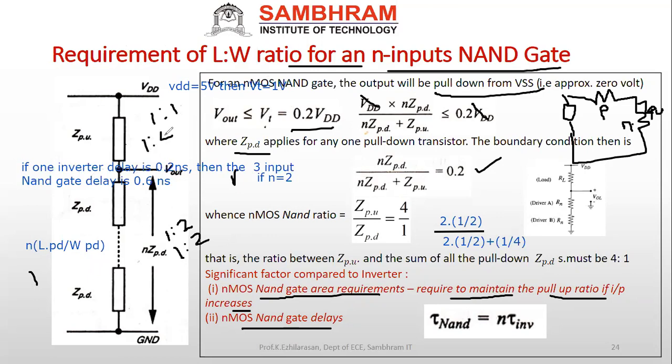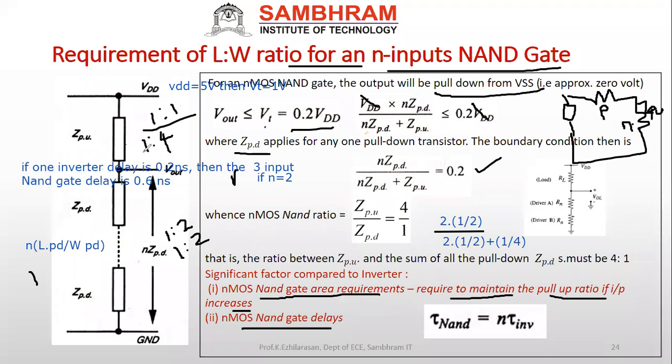Then only if I take the overall ratio, 1:4 divided by the sum of these two, I will get 1:1. That is the equal ratio actually. So your charging and discharging time will be equal.